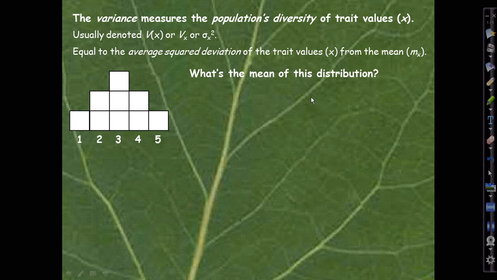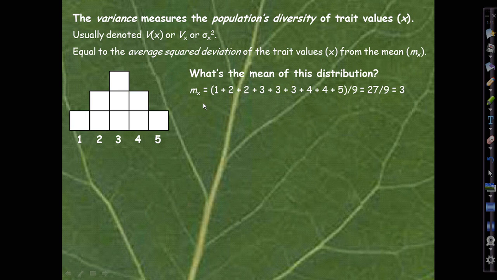Let's practice up on calculating variances, because that's going to be important. So this is just a little histogram. Each of these squares is one observation. We had this as a clicker question in a previous year, but we'll just step through it now. But let's calculate it.